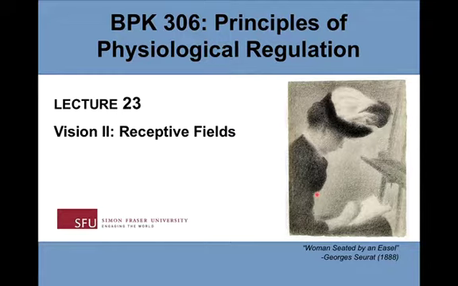So if there's one takeaway from this lecture that you should write down right now, it's borders and edges where dark meets light. That is a good summary of the function of receptive fields within the retina.